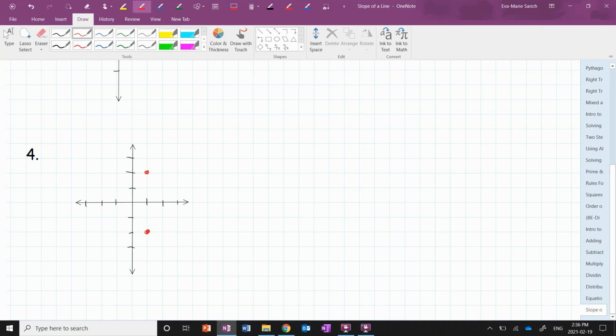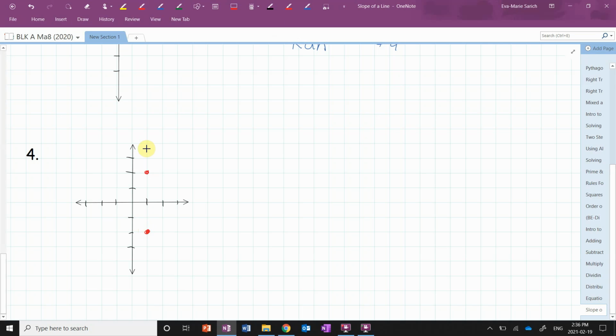In fact, it goes beyond, just like when we graphed a line from an equation. If there are points, we're going to use those points to determine the distance that we rise and run, okay? So in this example, we are rising 1, 2, 3, 4 from one point to the other.